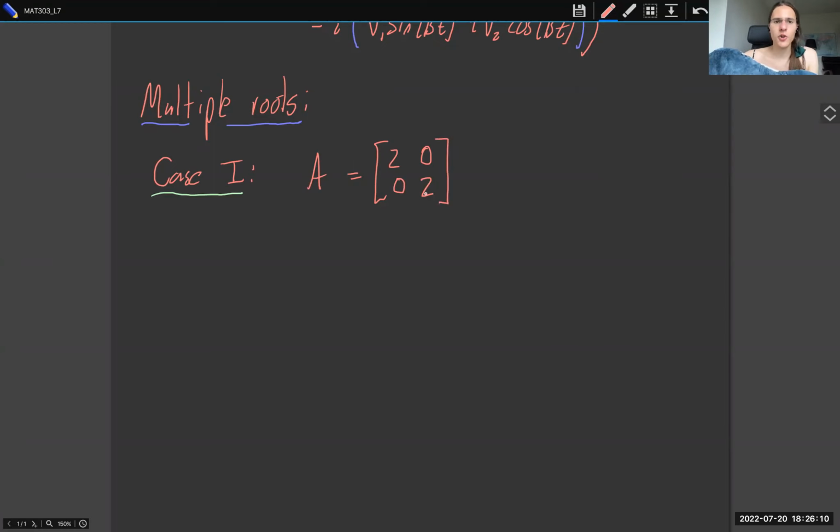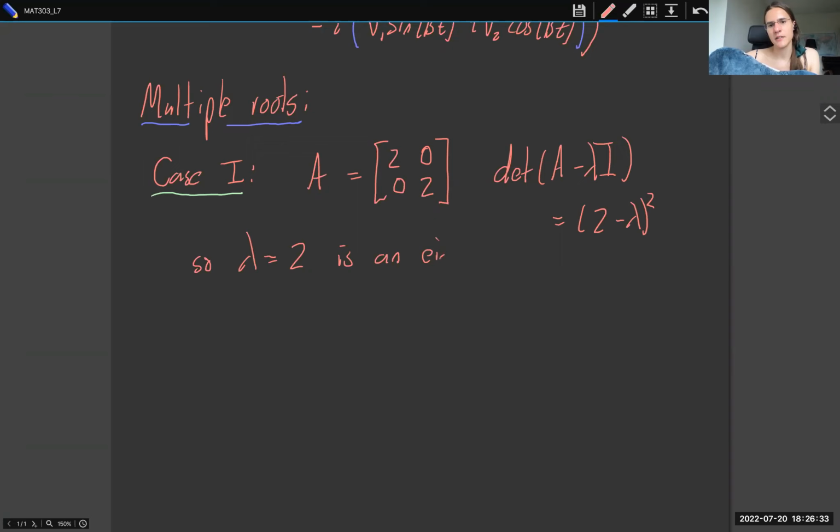Cool. So, what's the determinant? It's almost too easy to write out. It's factored already. So lambda is equal to 2 is an eigenvalue of multiplicity 2.